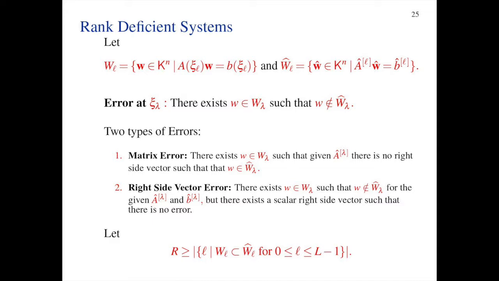And a right side vector error means given A hat and B hat, maybe there's a W that is missing from W hat. However, if I were to change B hat, if I were to adjust the right side vector, everything will be fine. We'll remove the places where the rank drops. So we'll say these two sets are equal.